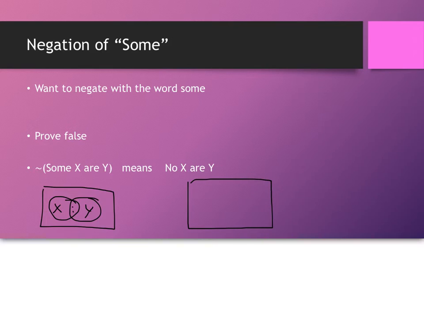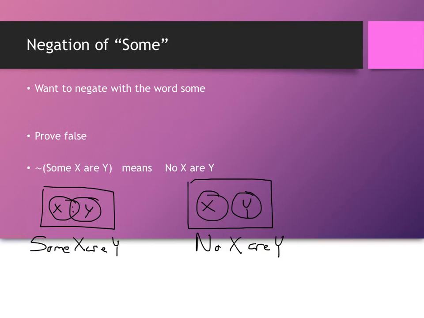So this would be the drawing of some x are y. This would be no x are y. So I want to say there's nothing in that intersection. They don't intersect. Okay? Notice that in this case, to prove it false, you have to prove that there's nothing in here that's in y. All right?